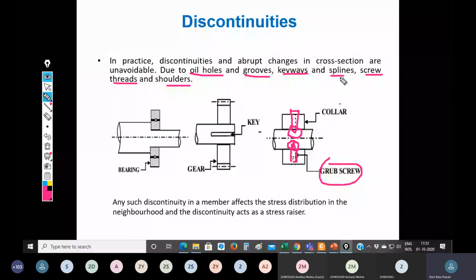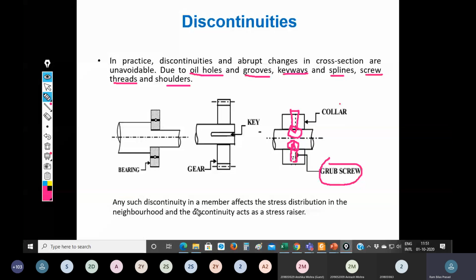If such cases are there, there will be localized stresses, and any such discontinuity in a member affects the stress distribution in the neighborhood, and the discontinuity acts as a stress raiser. So basically the stress will increase due to this discontinuity, right?